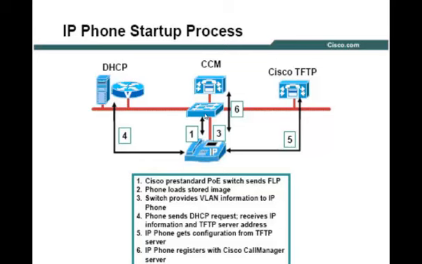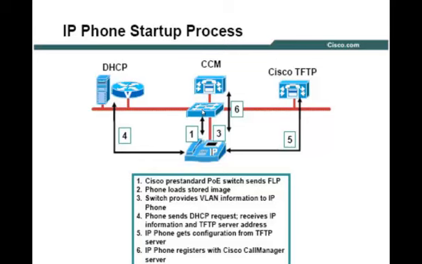Once this process is finished, the respective VLAN information is given to the IP phone. That VLAN information provides the IP address of the DHCP router or server and the Cisco images of IP phones.